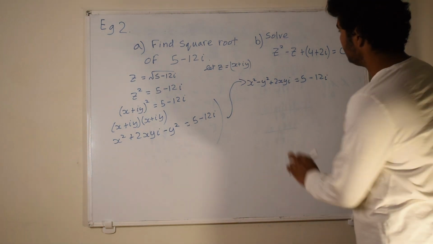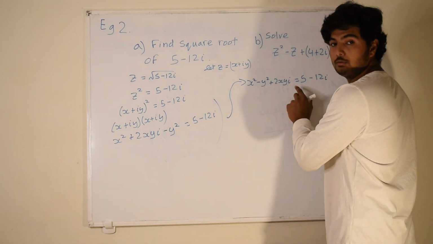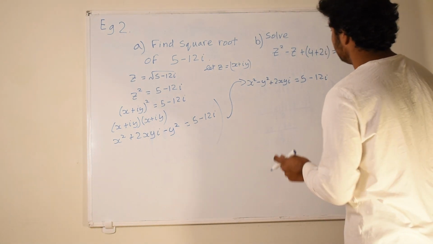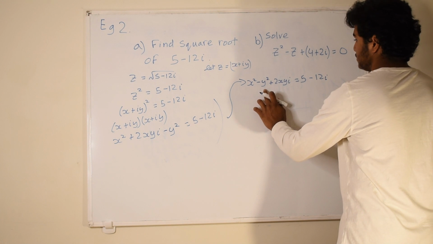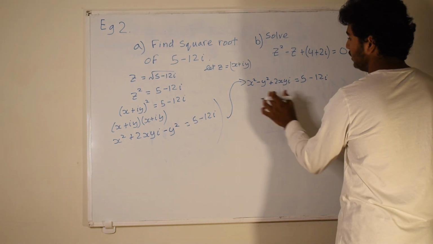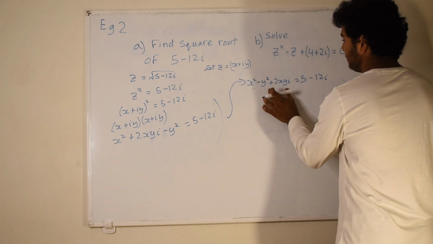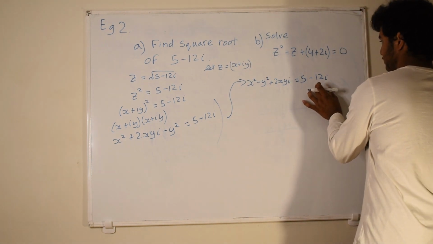Now we've got the imaginary part and the real part separated from each other. The real parts equal the real parts on the right hand side, and the imaginary parts equal the imaginary parts on the right hand side.